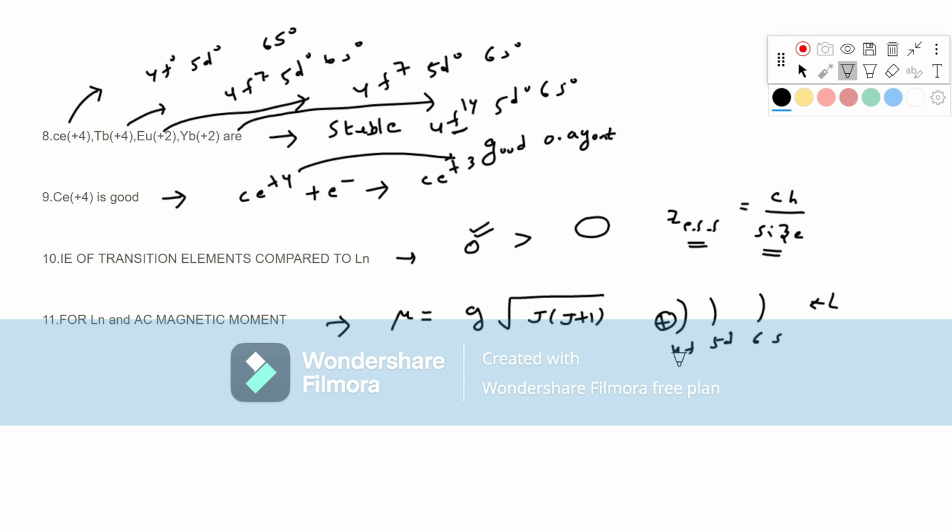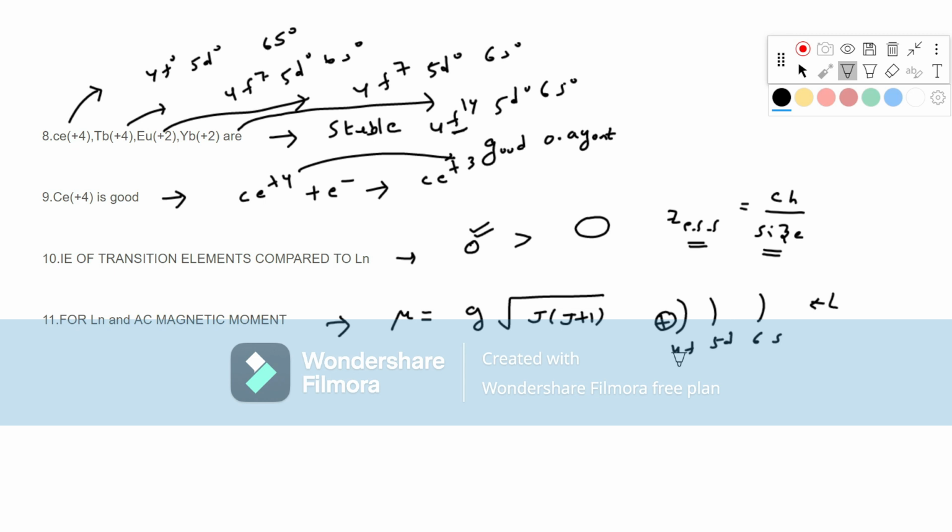So therefore the ligand will interact with the 5d and 6s orbitals only, not 4f. Whenever the ligand interacts with 4f, orbital quenching will be there, like in transition elements. But here the ligand is not interacting with 4f, so orbital quenching cannot be observed.